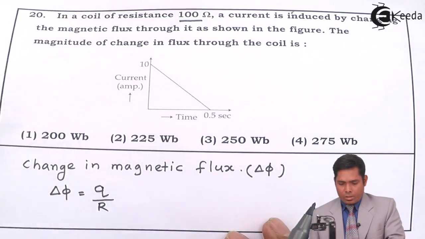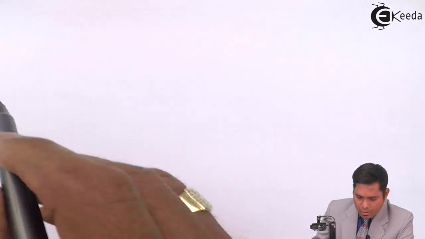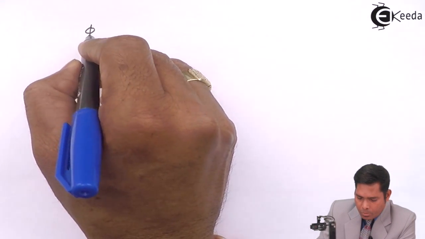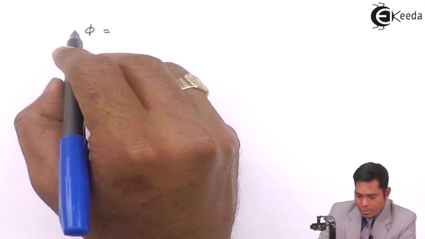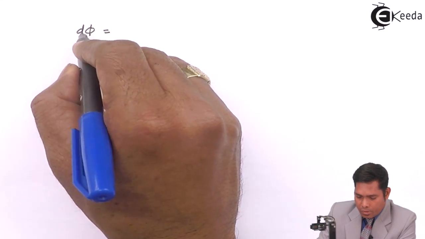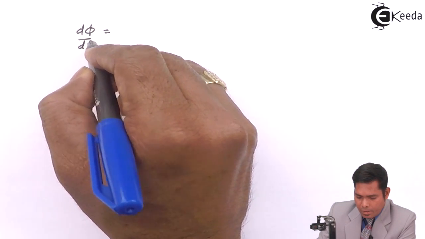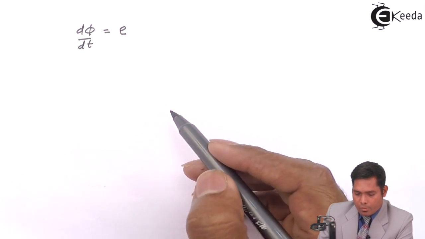Now you can see that according to Faraday's law, the change in flux d phi by dt is equal to the EMF induced.